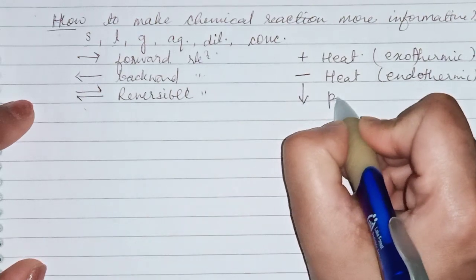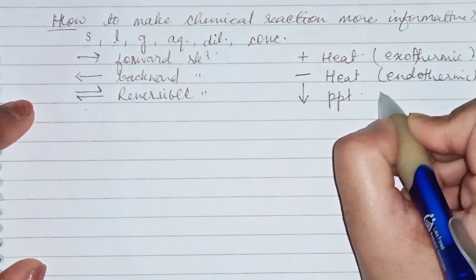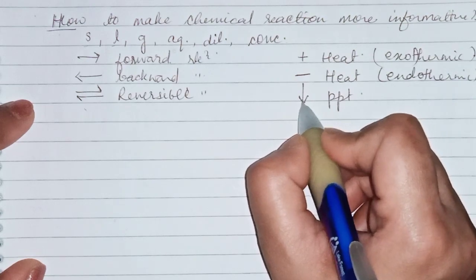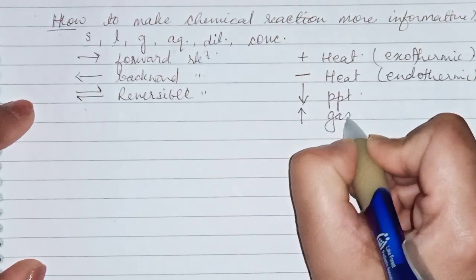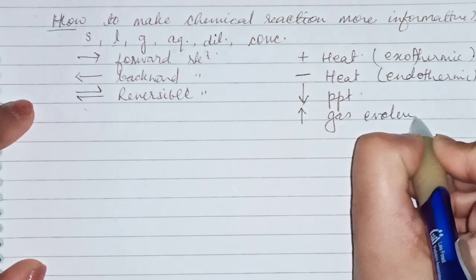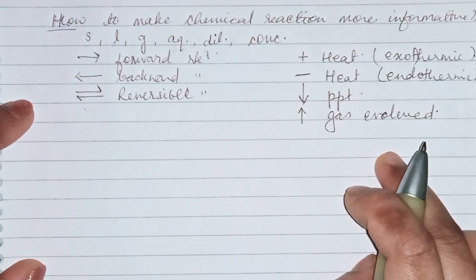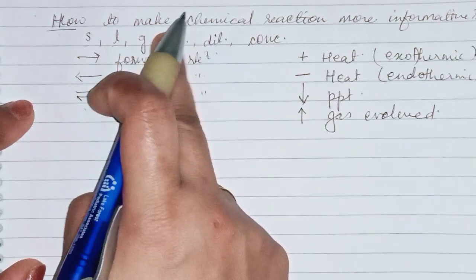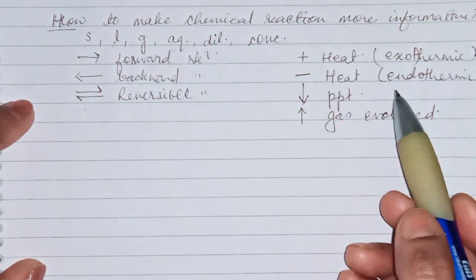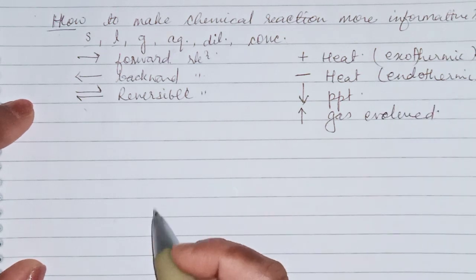Downward arrow represents precipitate. Okay, precipitate formed is represented by a downward arrow. Upward arrow is gas evolved. Gas evolved is an upward arrow. So these are the information used to make a chemical reaction more informative.